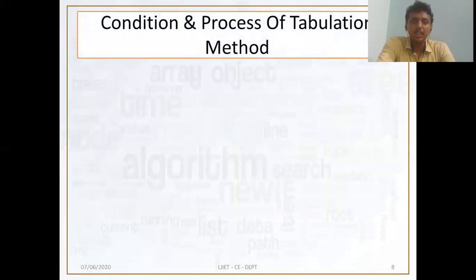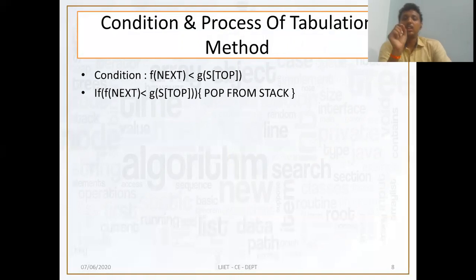Students, the next topic is condition and process of tabulation method. So see, in our previous topic, we have the condition f of next is less than or equal to f of s of top. But here we have two different precedence criteria.